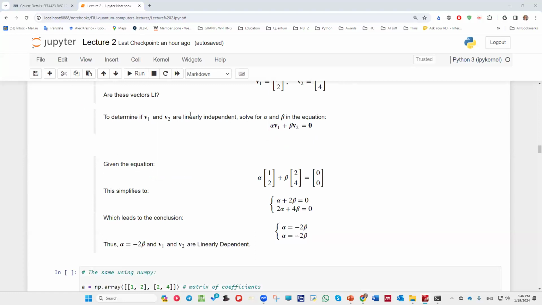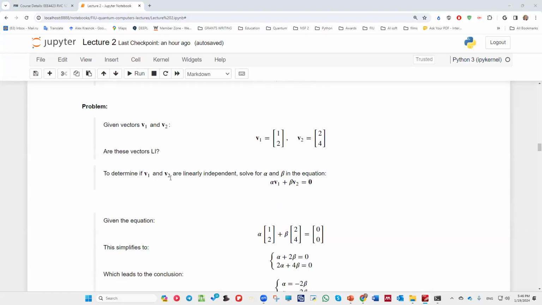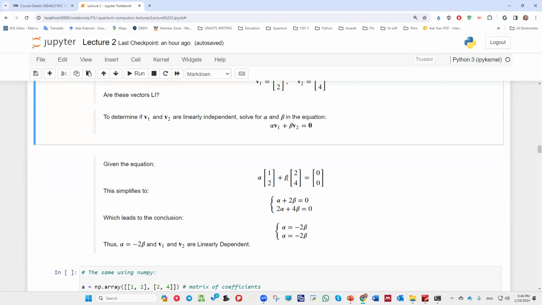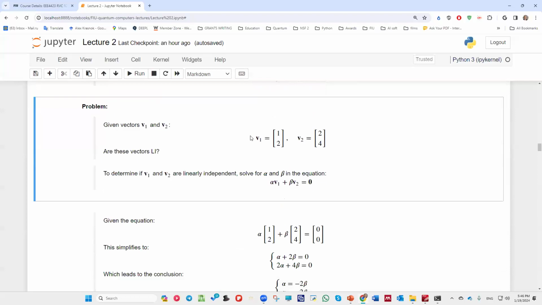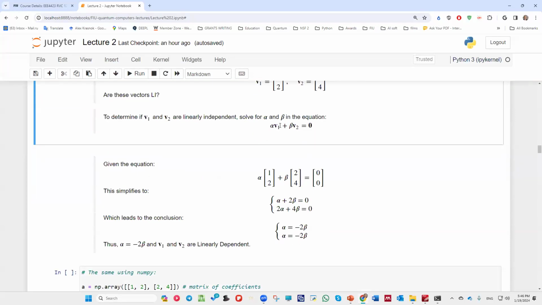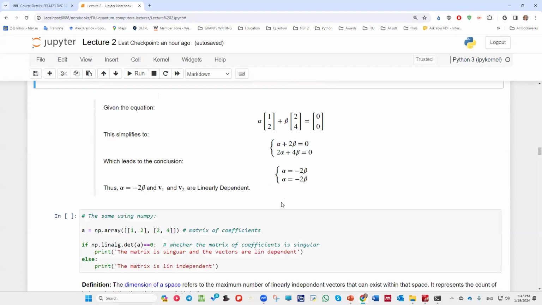But anyways, how do we define whether the vectors are linearly independent? We basically write this characteristic equation. We take some alpha times v1 plus beta times v2, and ask whether this can be equal to 0 for any non-vanishing, non-zero alpha and beta. Okay, so plugging in these values for the vectors v1 and v2, I get this system of equations over here, right?